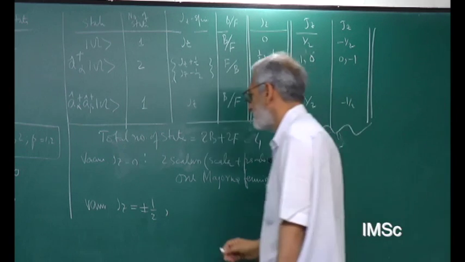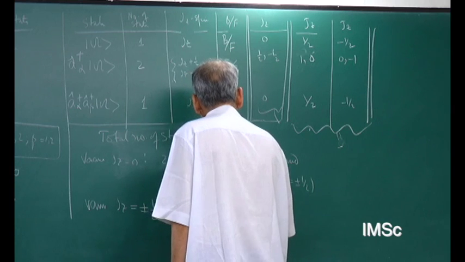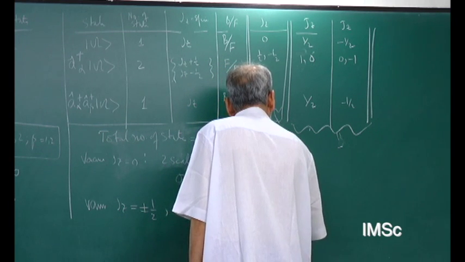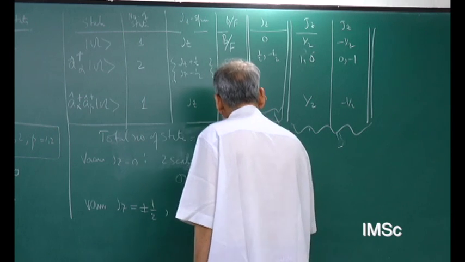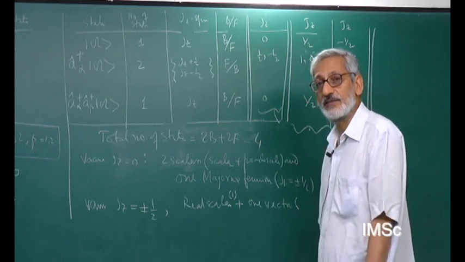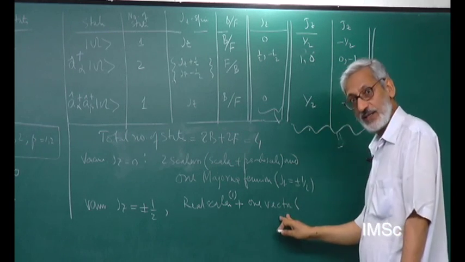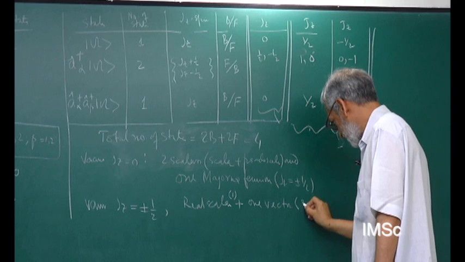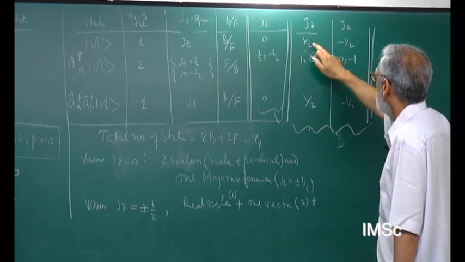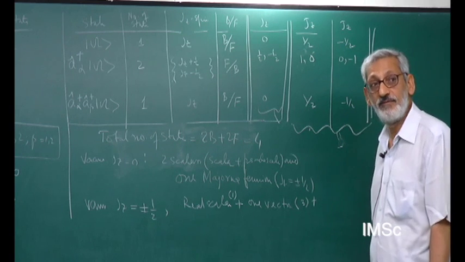So this is a theory of a real scalar plus one massive vector. A spin 1 vector has 3 components. So it has 3 components, plus Jz values plus half, minus half, plus half, minus half.